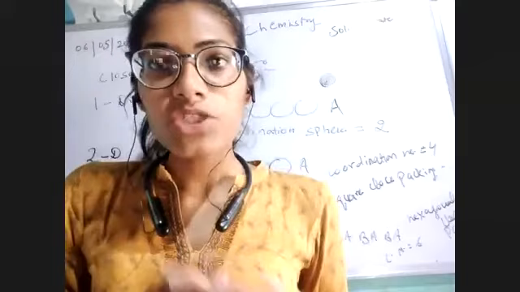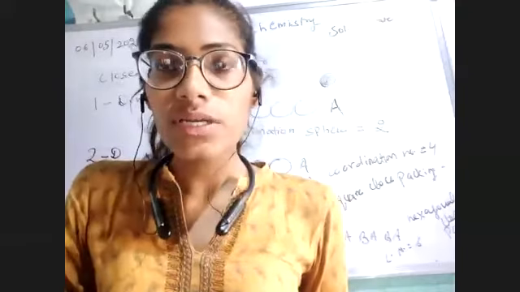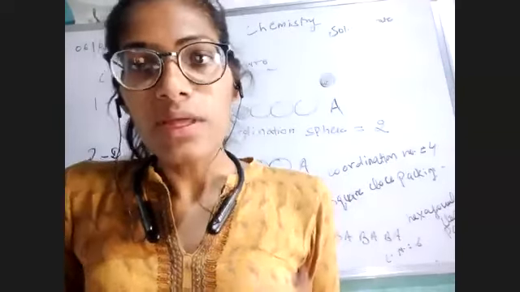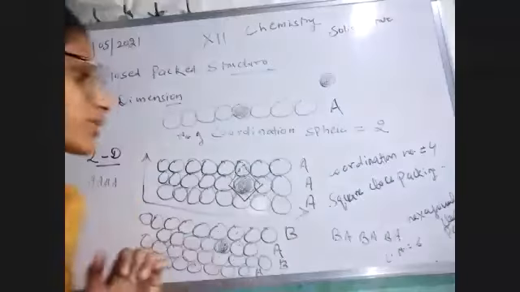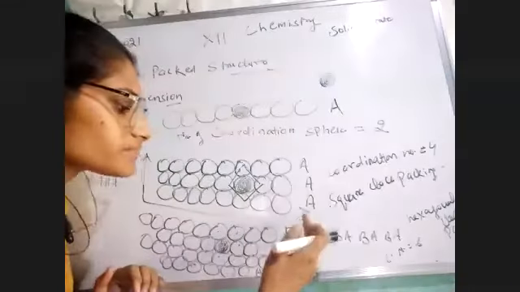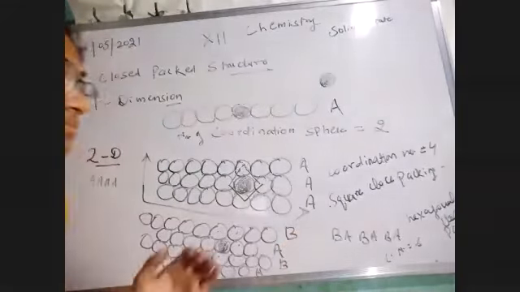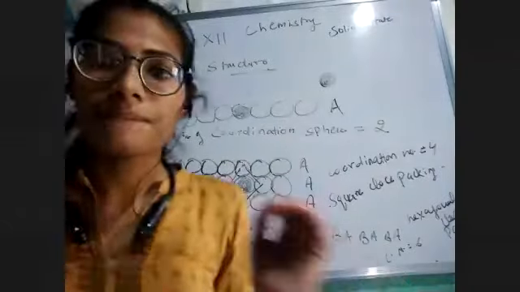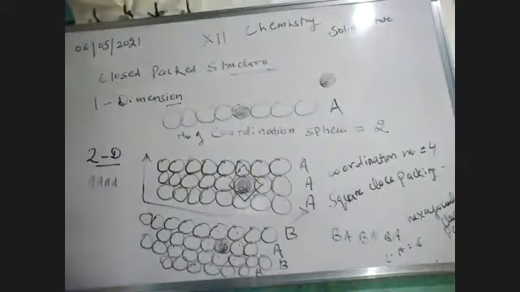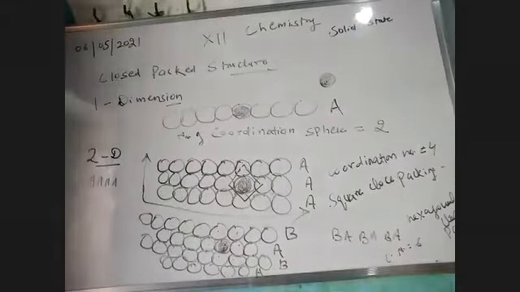In one dimension, we put them in one direction in which the coordination number is 2. Then we put them as AAA and ABAB, due to which the coordination number changes each time, and we have different types of packing known as close packing, square close packing, and hexagonal close packing.